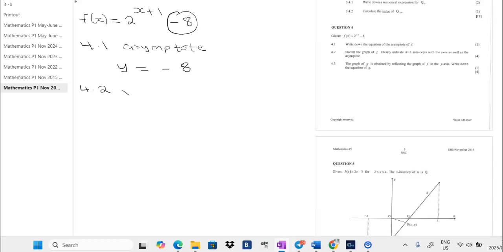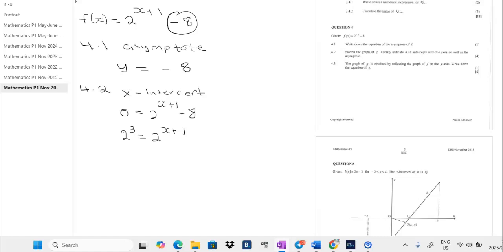How do we find the x-intercept? We let y be equal to 0. Then we solve for the value of x, right? This is 8, which is 2 to the power of 3.